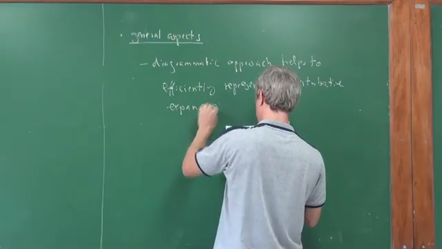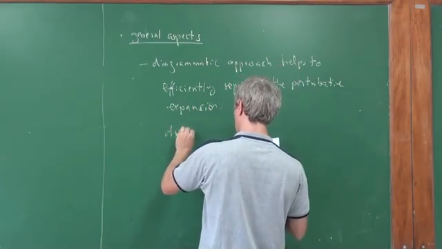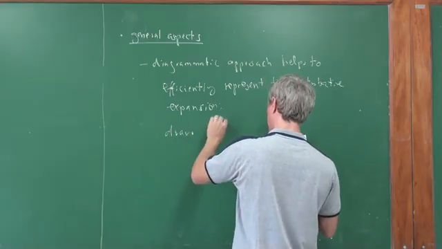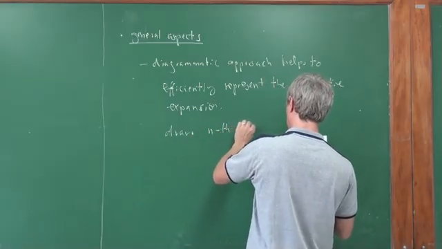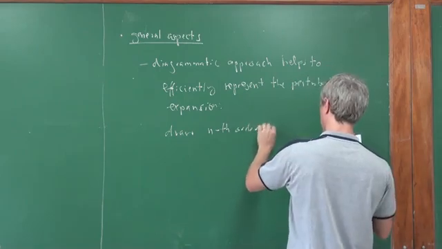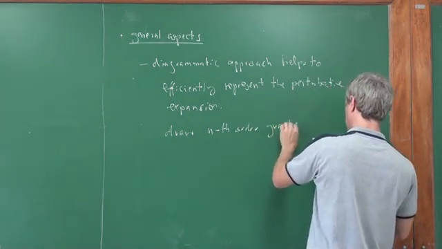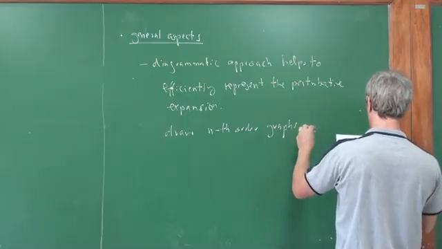And the way we do it is you draw the nth order diagrams or graphs. That's what we did, for example, for the two-point correlation function in first order.